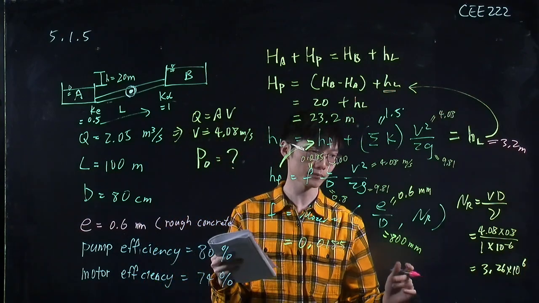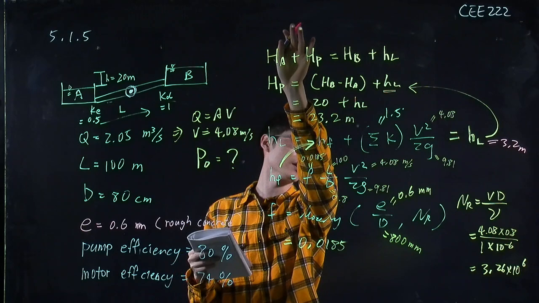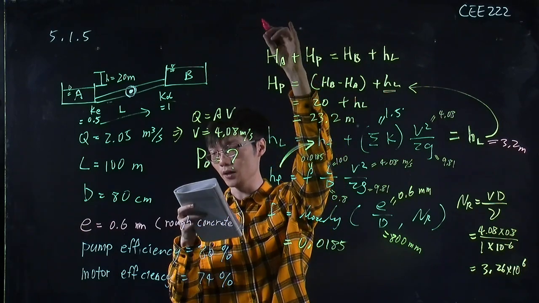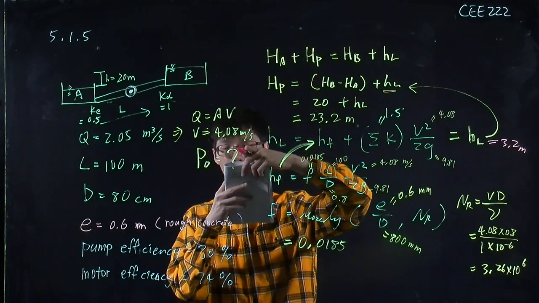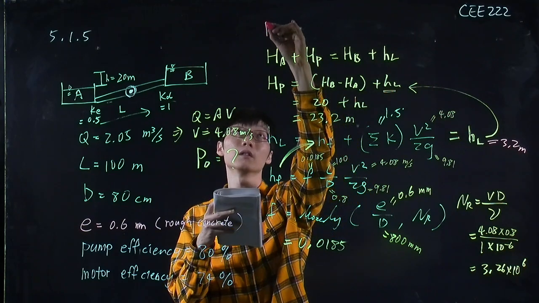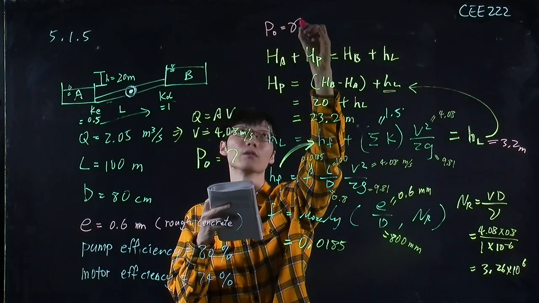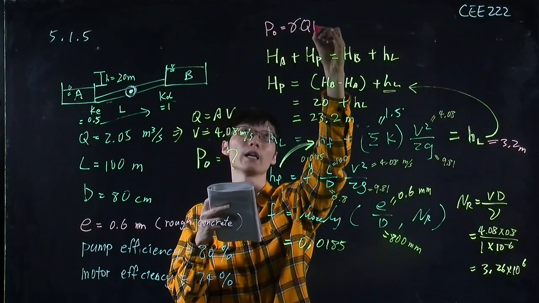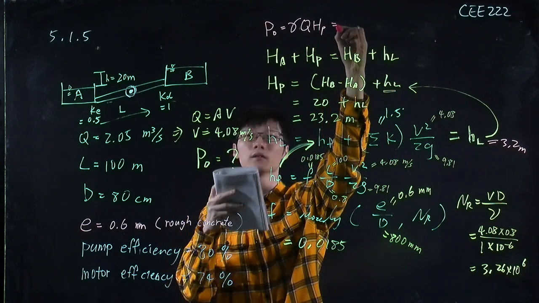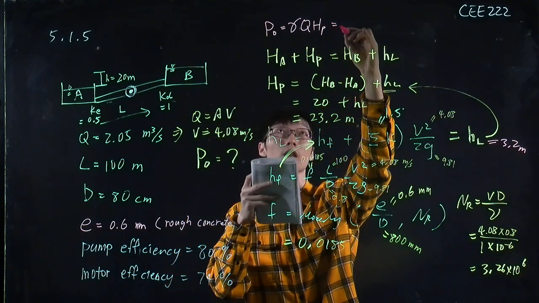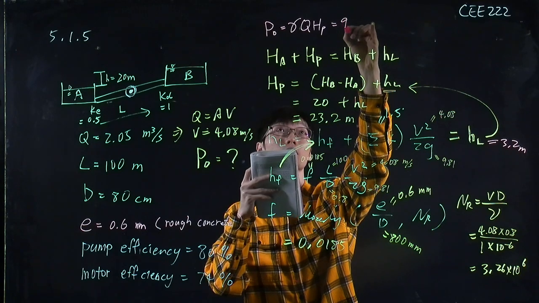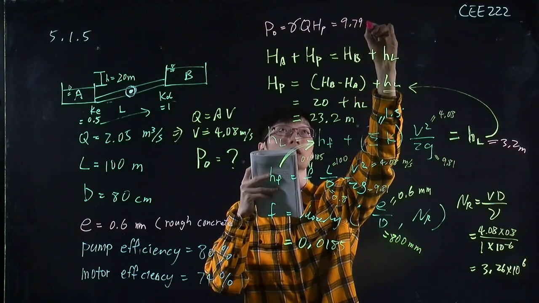How can you do that? Let me write up here. The power will equal rho Q H_P. And rho is the density, so it's 9.79.